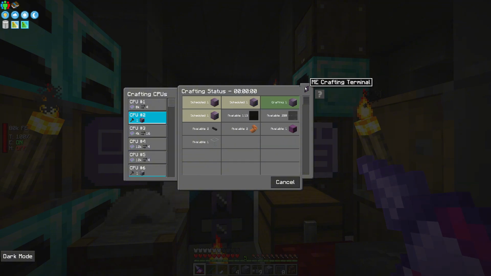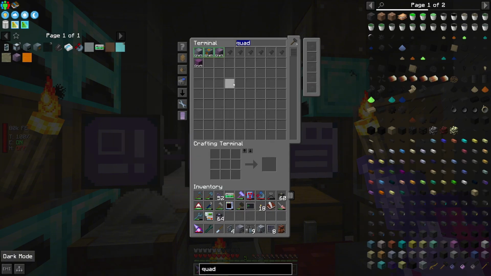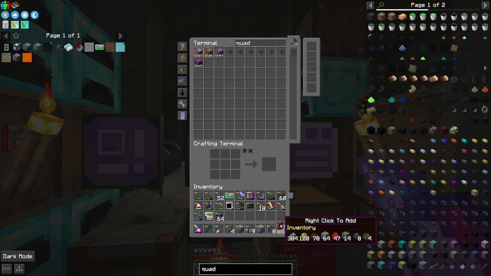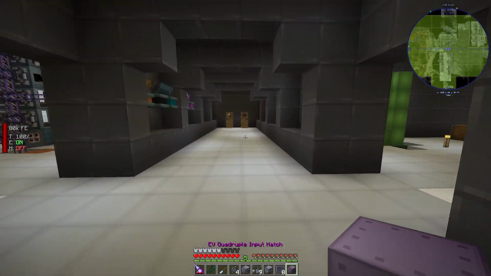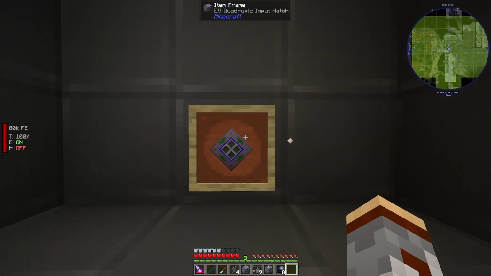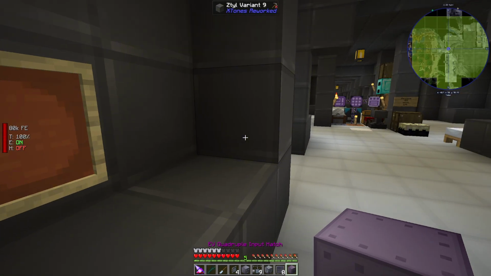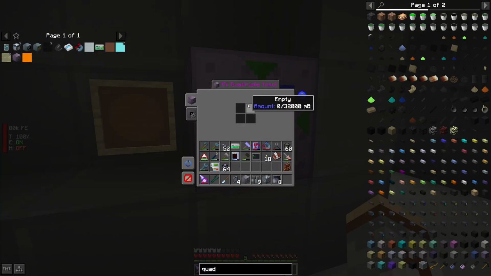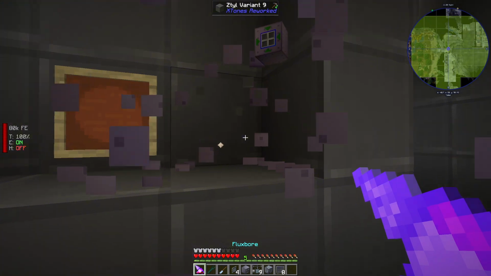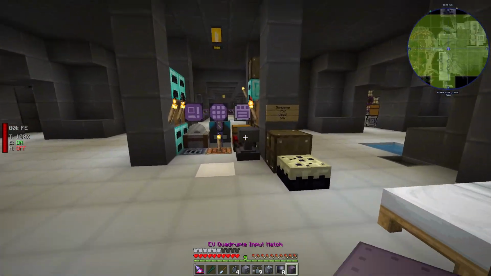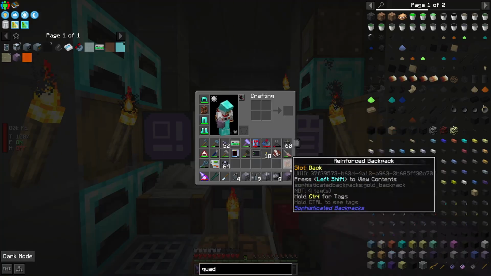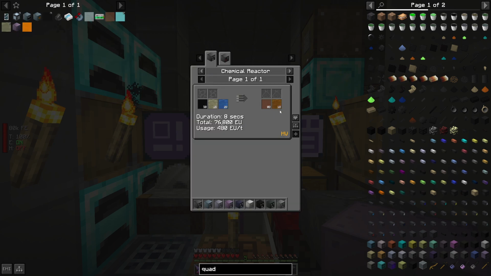Now with this, we'll be able to put up to 4 fluids into a hatch at once. So if I take it and put it down here, for example, you can see that we have 4 slots and they hold 32,000 mil buckets each. So this is going to come into play with the nitrobenzene.